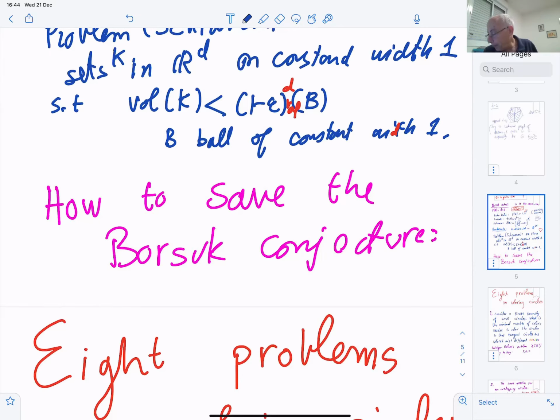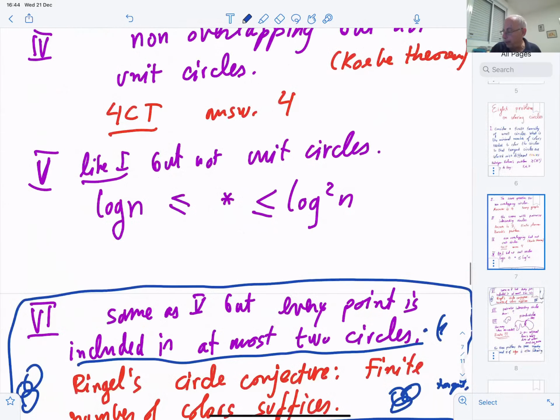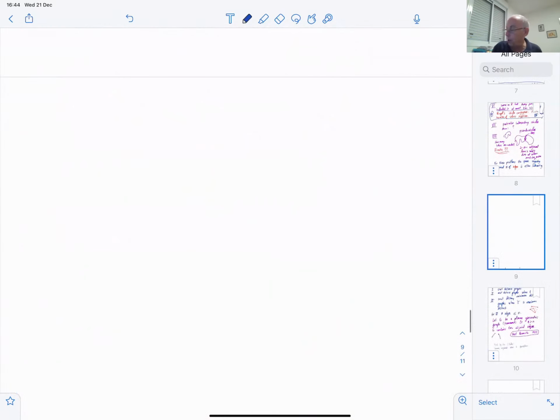Okay, so maybe before I move to the problems in the plane, I can tell you about two ways to save the conjecture.